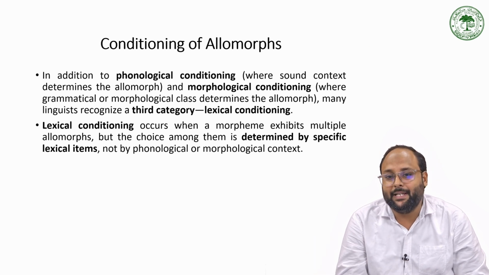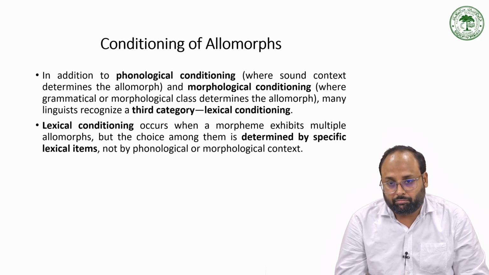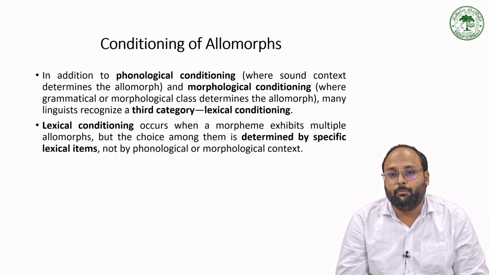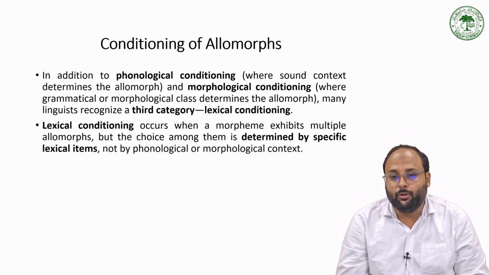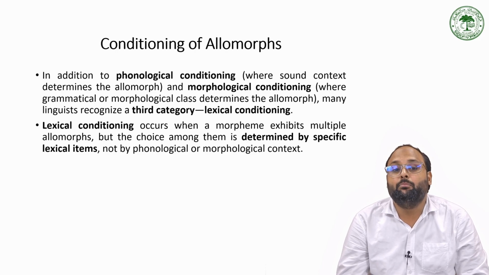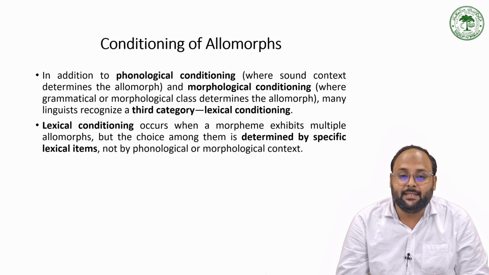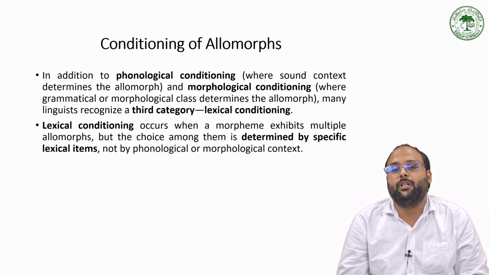We have discussed many examples of lexical conditioning, like irregular past forms and irregular nouns, meaning the irregular plural from singular to plural. Lexical conditioning occurs when a morpheme exhibits multiple allomorphs, but the choice among them is determined by a specific lexical item, not by the phonological or morphological context.